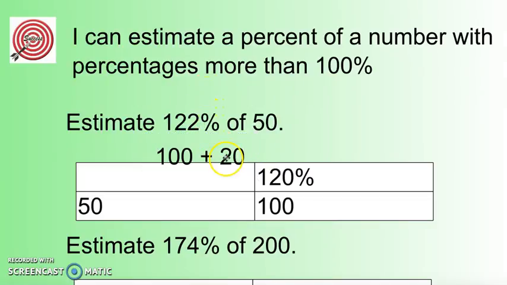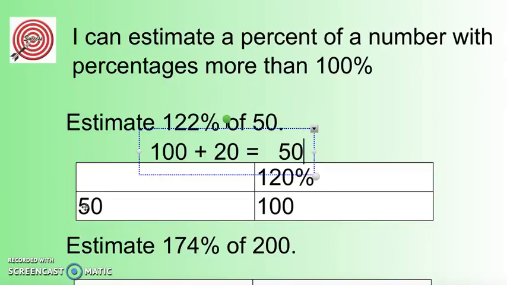So let's work on the 100% first. What would 100% of any number be? Yeah, it would be that number. So if I have 100% of 50, how much would that be? 50, you're right. And then if I want 20%, remember how to find 10%?